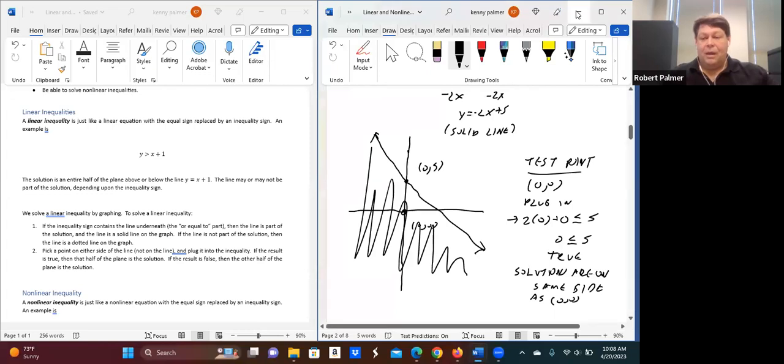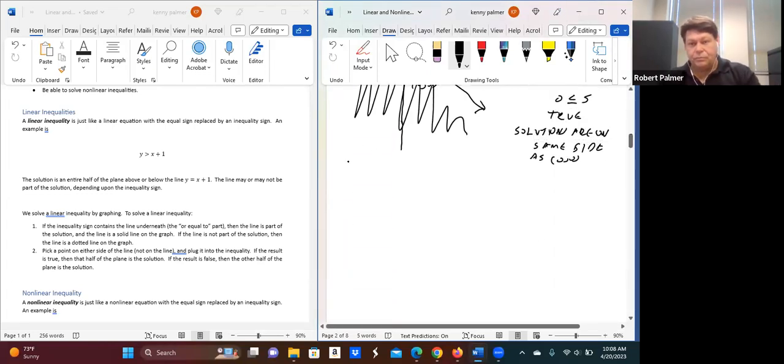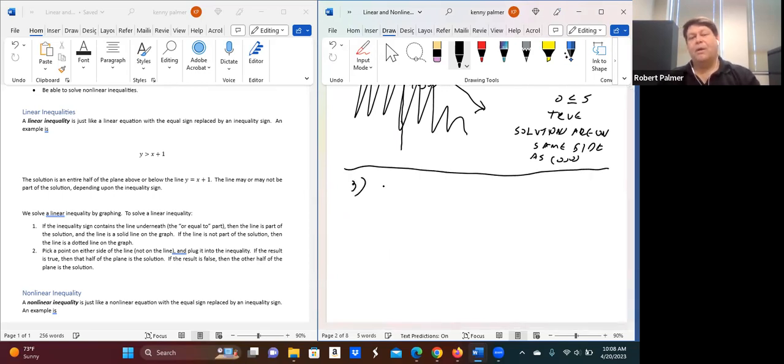Now let's do one more of these. Let's do something where we have a vertical line. x is greater than negative 2.